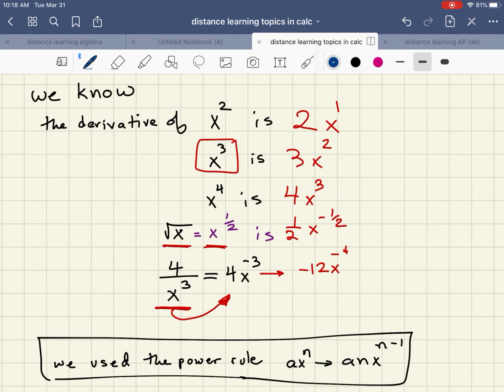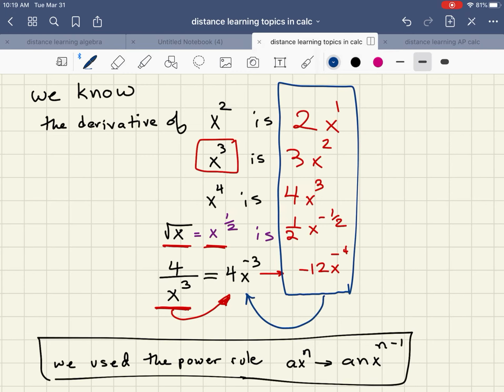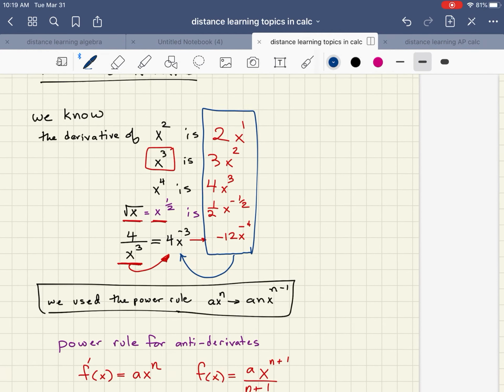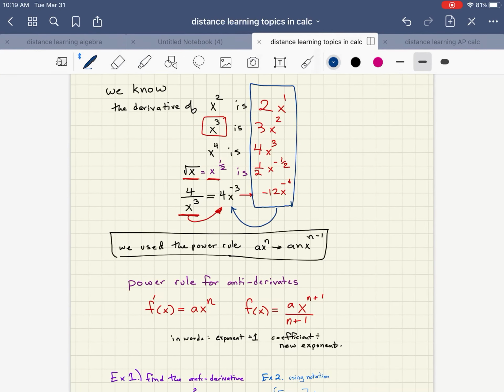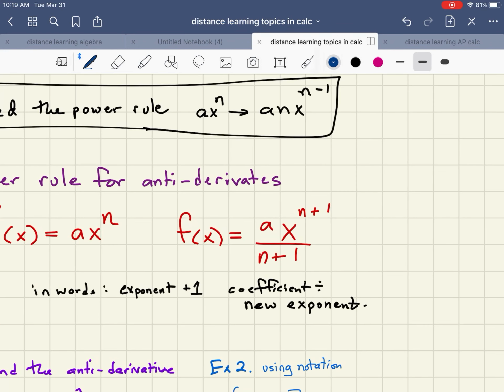So antiderivatives are going to be starting with this column of stuff and working our way backwards. Now, normally we would spend some time and develop the rule. I'm just going to tell you the rule. It is right here. If this is the function that we're trying to take the antiderivative of, this is the rule.